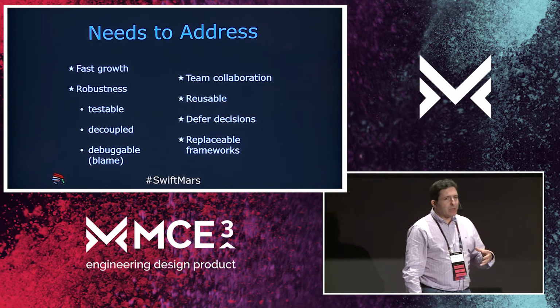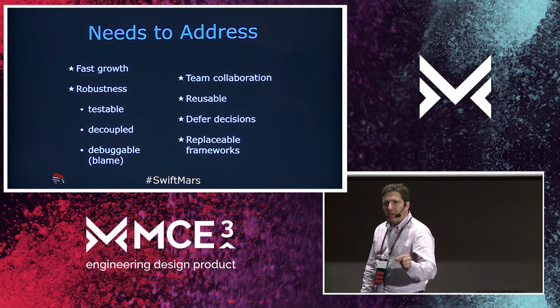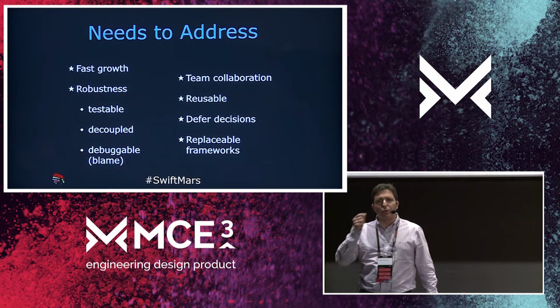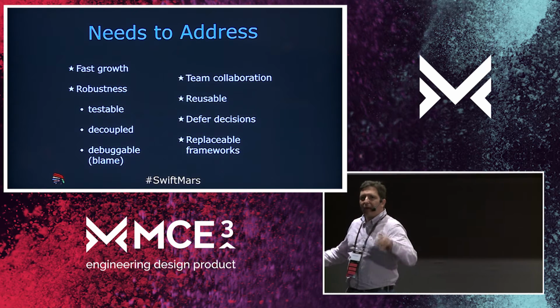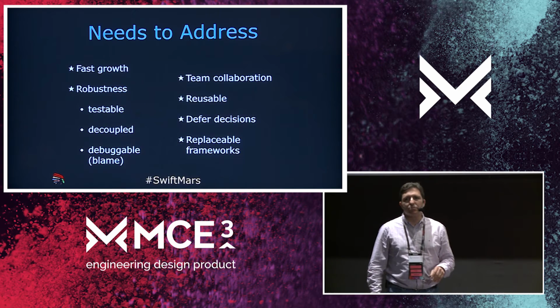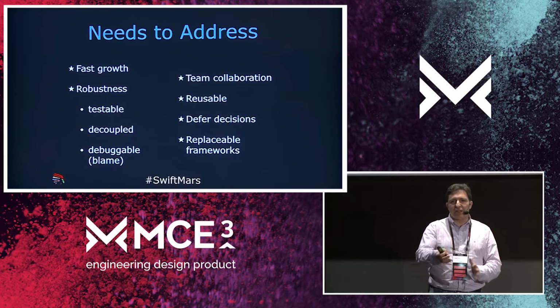I also want to be able to defer the decisions as much as possible. If I start by saying that I'm going to use Core Data, AFNetworking, and I don't know what else, and reactive, probably I'm doing it wrong. Because that's something that may change in the future.